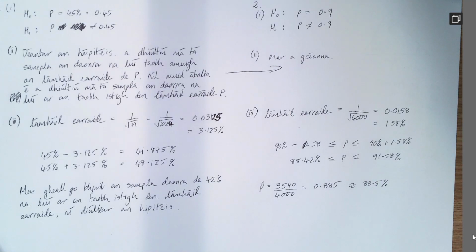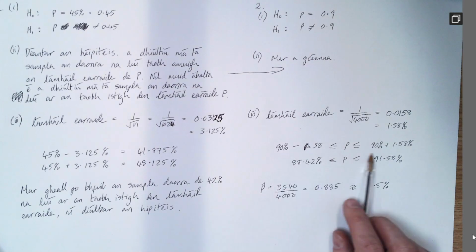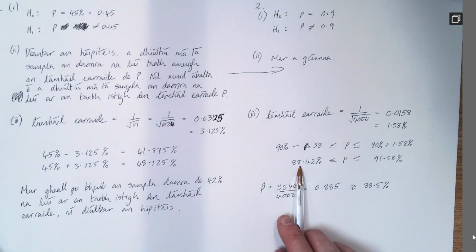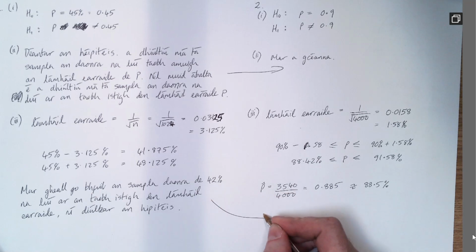Now, while the range is there, the claim got a valid value. 88.4, 88.5, so therefore it lies within there. We say it's 88.5, so this is within the range.